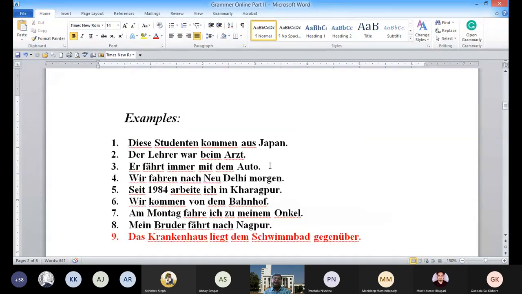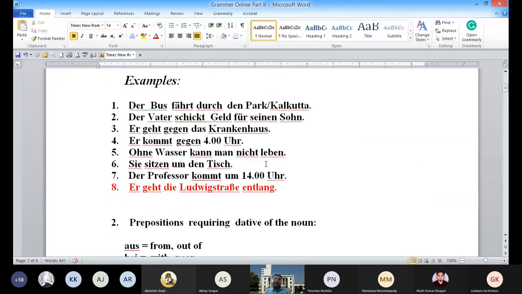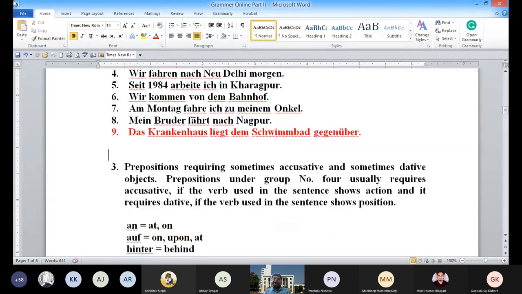In the accusative, one exception was entlang. In the dative group, one exception is gegenüber. So gegenüber comes after the noun. But while translating, the meaning will be just like English, that the hospital is located opposite to the swimming pool.